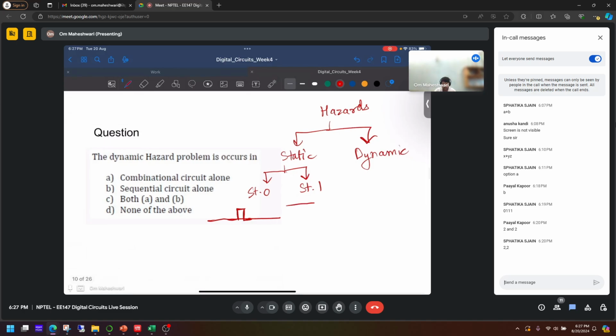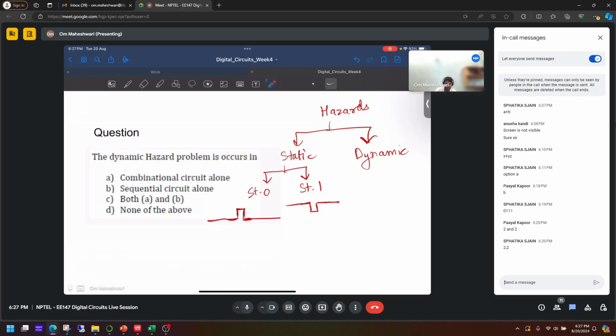Static 1 is when your output is supposed to be 1, but in some portion you get a 0. It is in the name, right? Static 0 should have been statically 0, but you get some discrepancy.